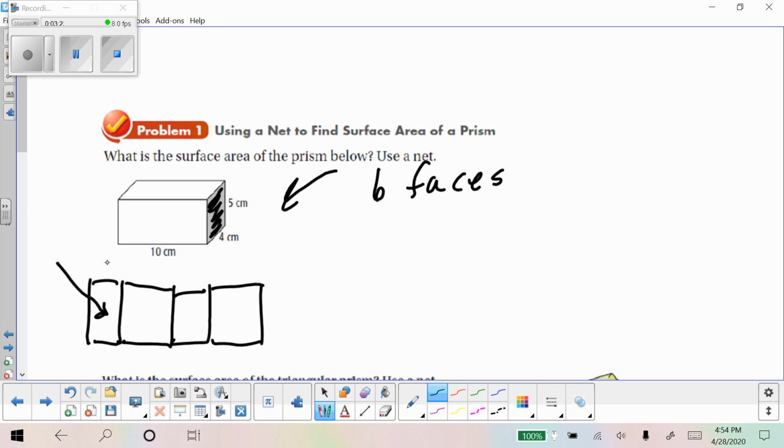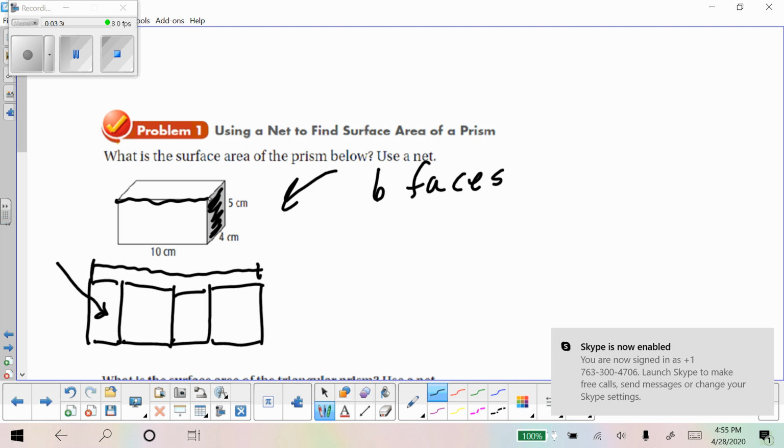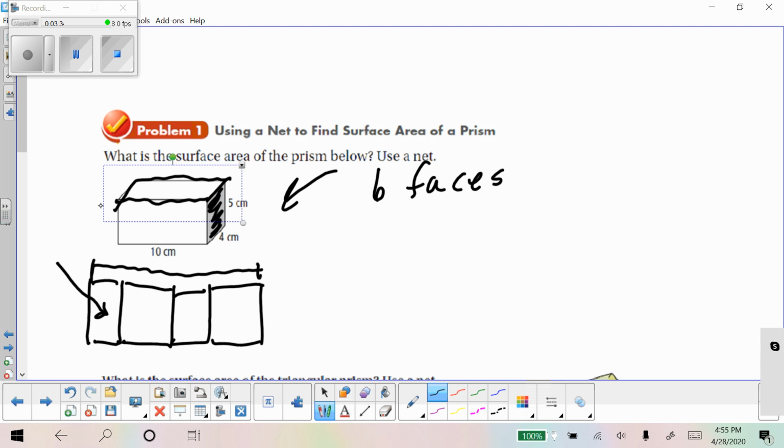Okay, so let's just think about how long this is right here so we can get it all in one shot. Well, that is the perimeter of the entire prism, which would be 10 plus 4 plus 10 plus 4, or 28.